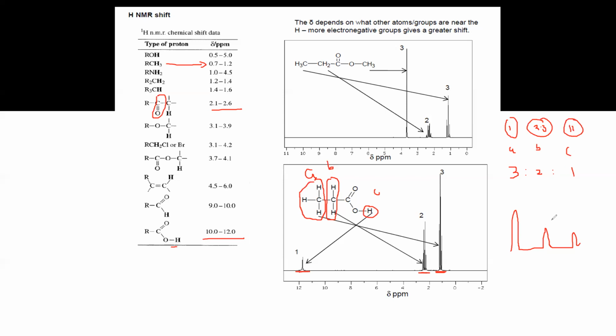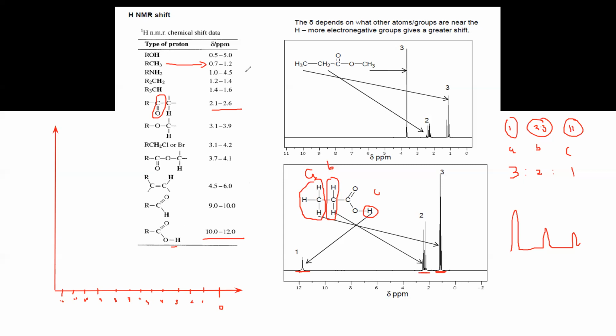Now, if I draw a low resolution NMR for this propanoic acid, a chemical shift of 0 means the tetramethylsilane, TMS, will be there. Then 1, 2, 3, 4, and 12. So this is the chemical shift, and there is the relative intensity.